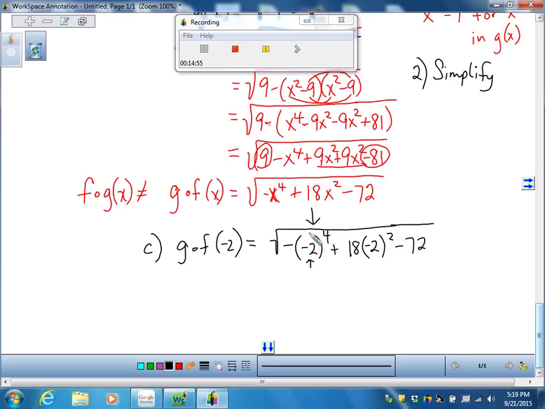Negative 2 to the fourth is negative 2 times negative 2 times negative 2 times negative 2, which is a positive 16.